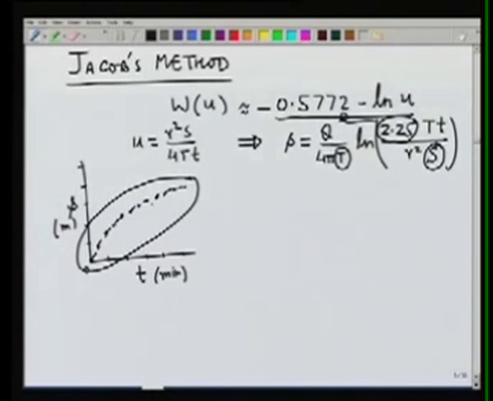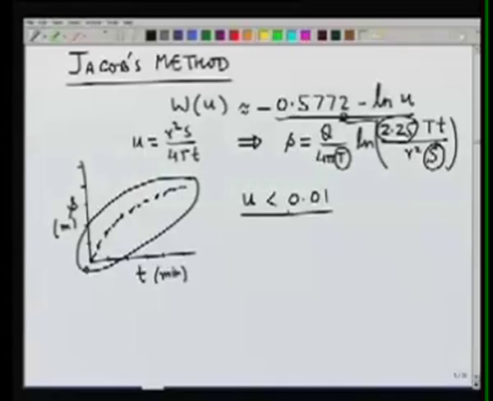We assume that Jacob's approximation is valid, but we know that it's valid only for u less than 0.01. So that's an implicit assumption when we use Jacob's method, that whatever data we are using has values of u less than 0.01.